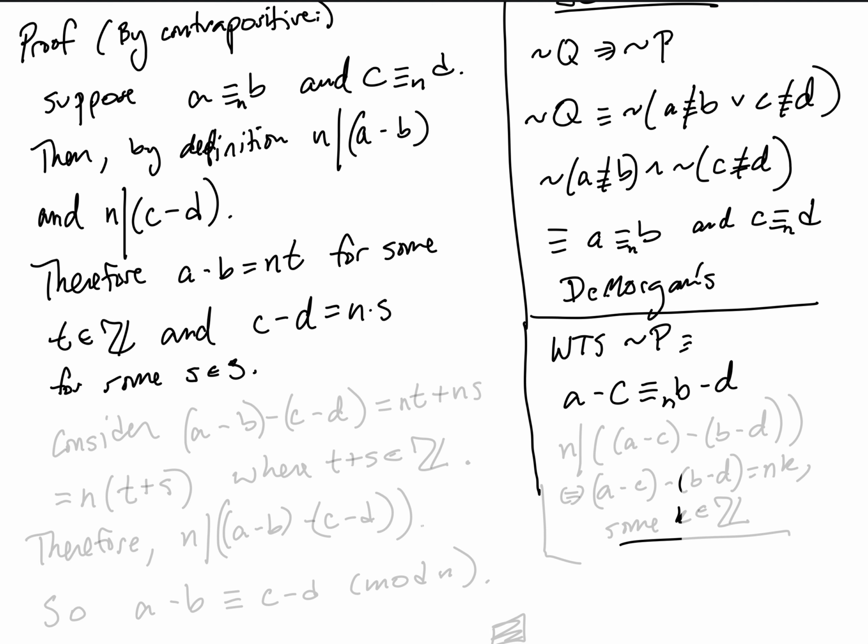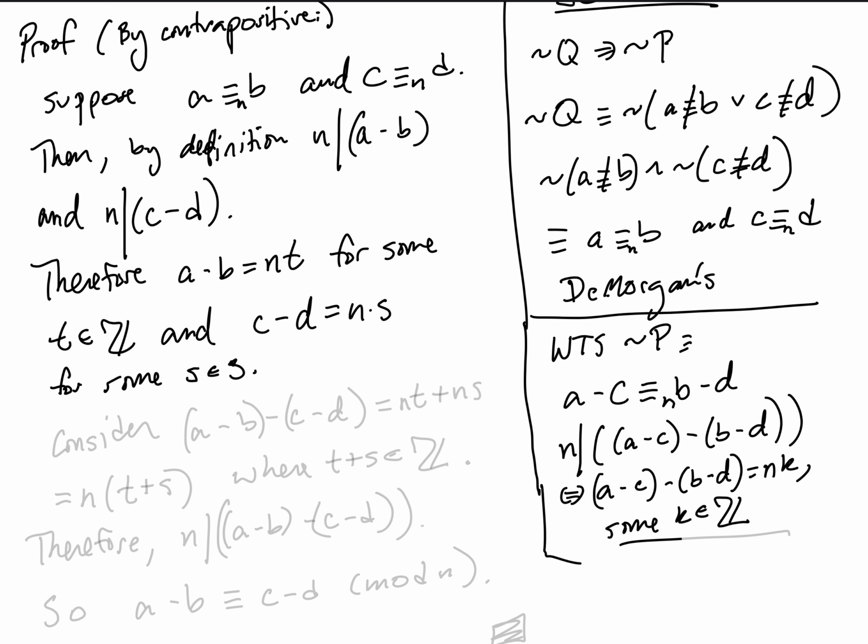That would be true if n divides (A minus C) minus (B minus D). In other words, that's true if and only if (A minus C) minus (B minus D) is equal to nk for some integer k. So that is what we are trying to show.